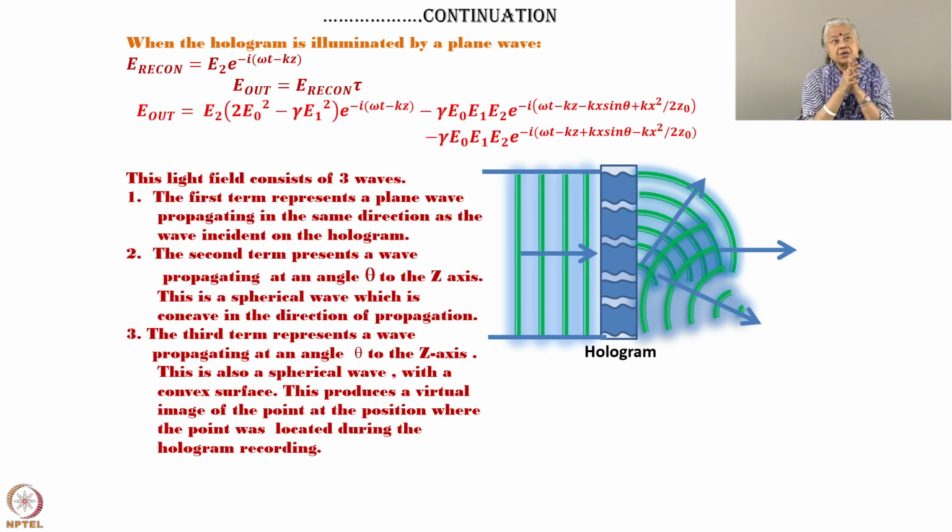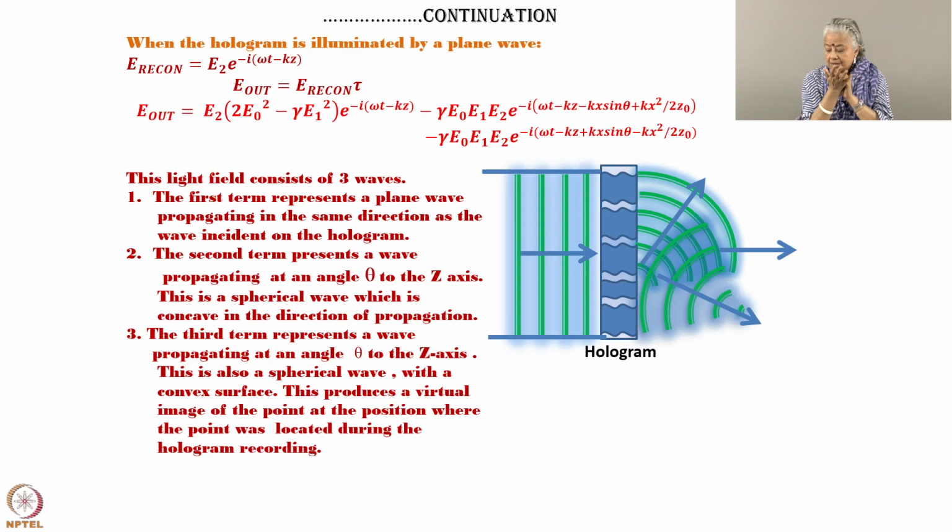So you have been able to understand a little bit from the plane wavefront and the mathematical jugglery that was involved in it, how these waves travel and how they construct a hologram, and then how the image is reconstructed.